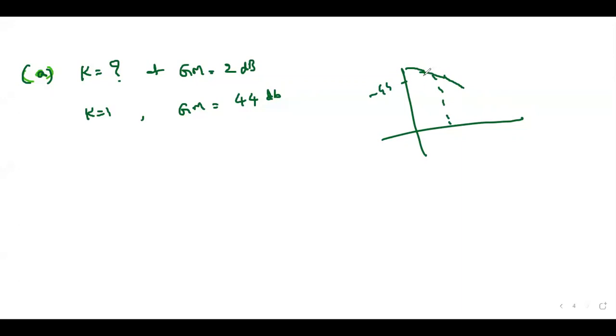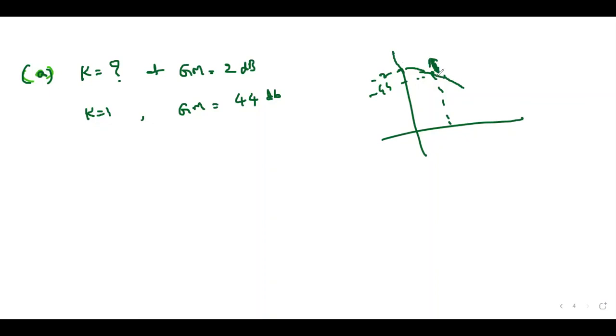So we got gain margin equal to 44. Now I want to make it 2, minus 2 at the phase margin. Then what should I do? I need to shift this point up by some amount.